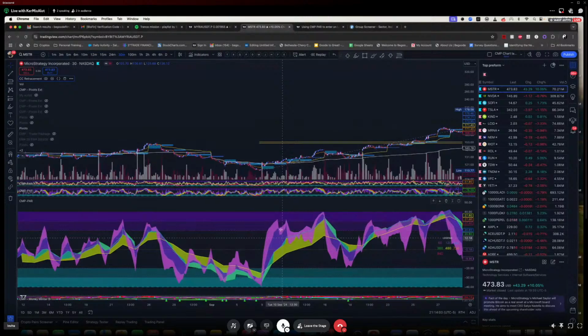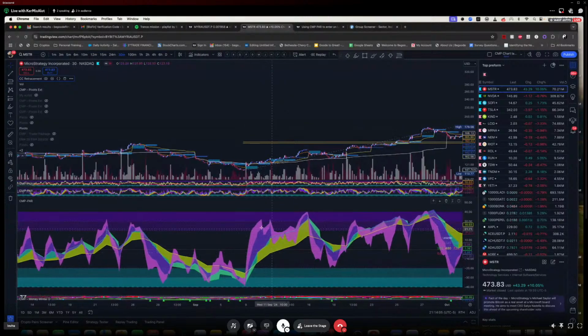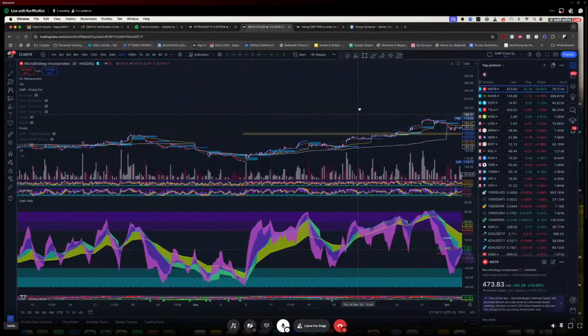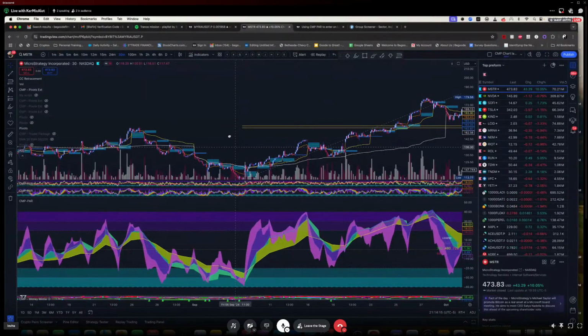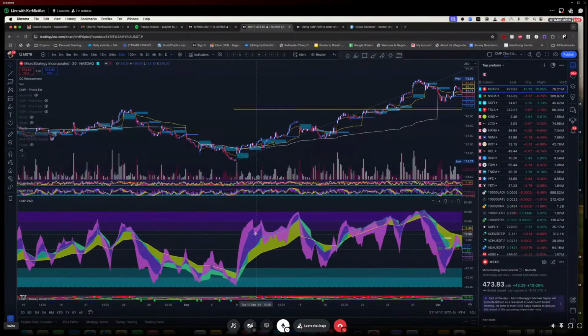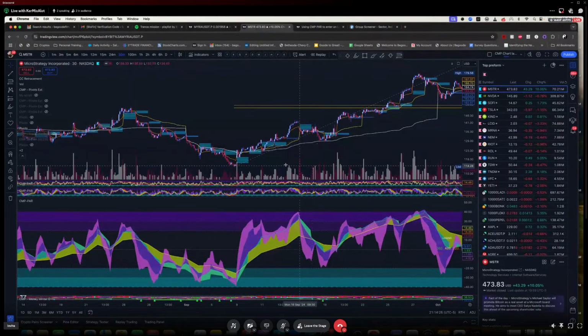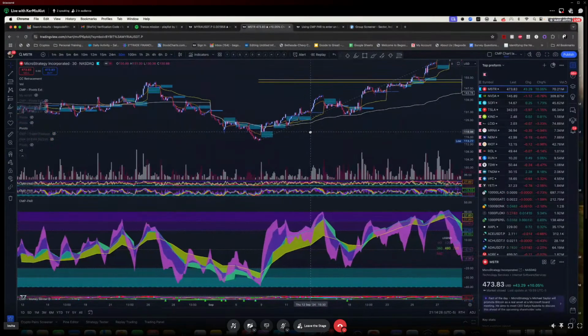But you see here where it got really wide. At that point, it's probably not going to shoot up crazy. You wait for the ribbon to kind of narrow, and then you can take it. But in this case, yeah, they were just going hard into it.